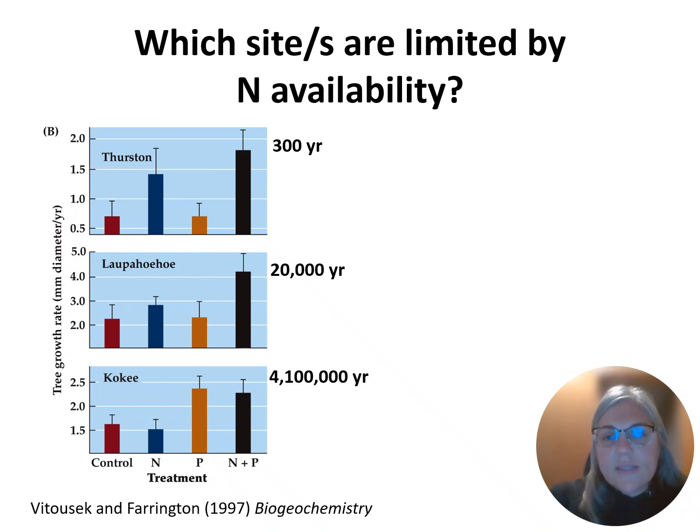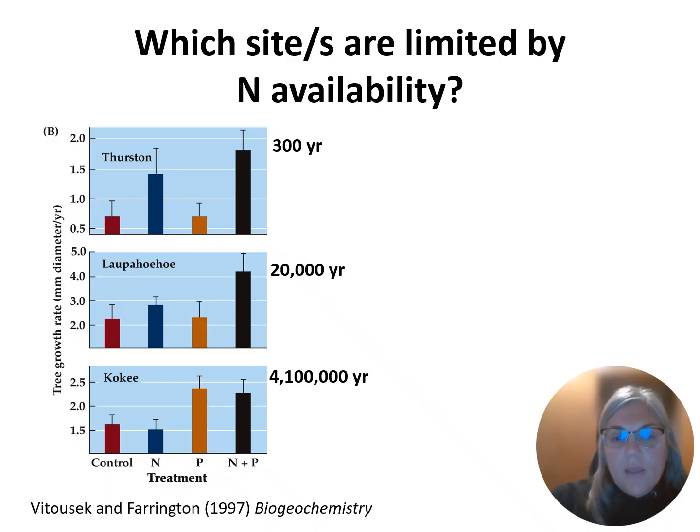Okay, so let's look at these graphs again, and let's see if they can provide information about nitrogen availability. So now we're going to focus on the nitrogen addition treatment relative to the control. If we look at the youngest site, when they added nitrogen, it does look like it increased growth relative to the control.